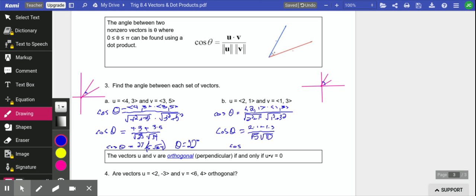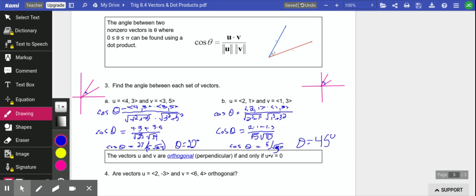So we can write that as cosine theta is 5 over the square root of 50. And that's good enough. You can put that in your calculator: inverse cosine of 5 divided by the square root of 50, and your calculator is going to tell you 45 degrees.